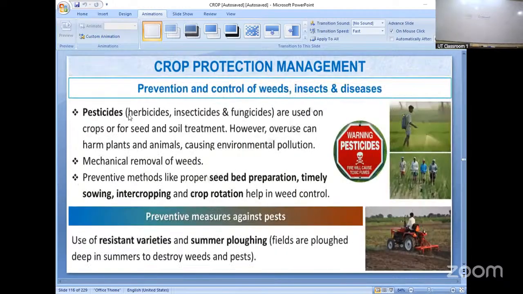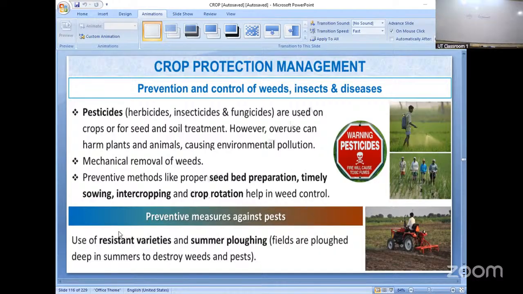So pesticides, herbicides, insecticides, and fungicides are used on the crops for seed and soil treatment. And weeds should be removed mechanically, and preventive measures should be taken for protection, like seedbed preparation, timely sowing, intercropping, and crop rotation. These help in weed control.